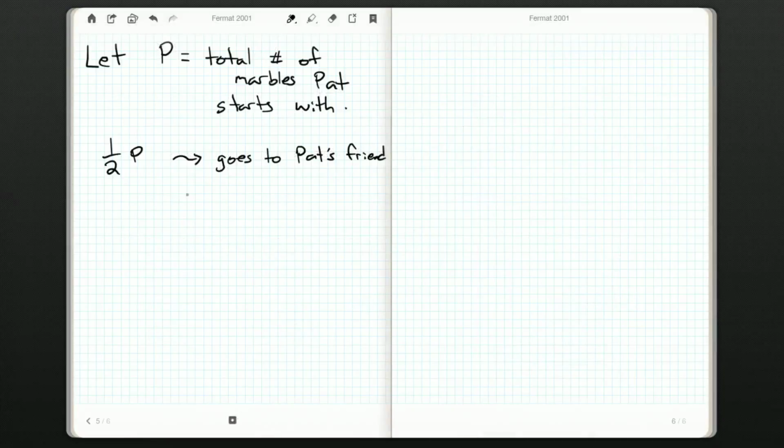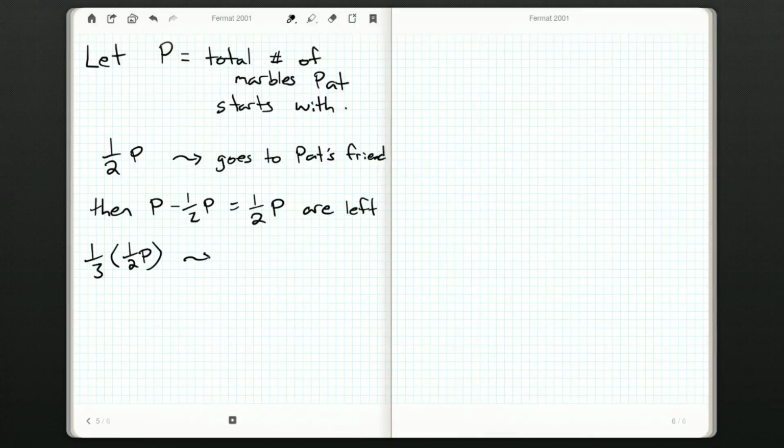So, if a half goes to his best friend, then what's left over? Well, P minus a half P is just going to be a half P left. So a third of what's left, so a third of those marbles remaining, the half P that are left, those go to Pat's sister. Okay?